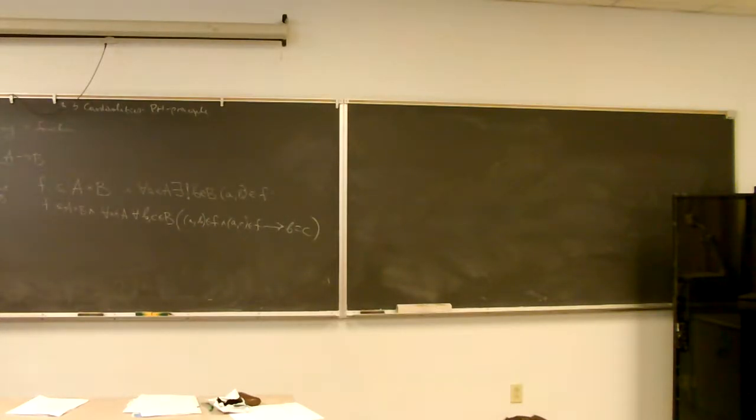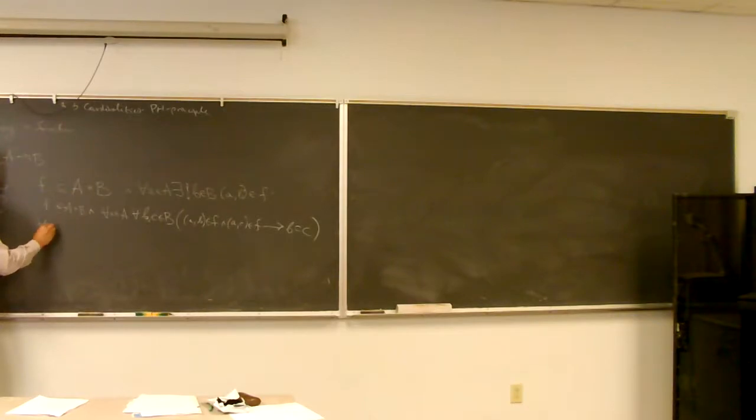But what else? When do we say that function is one-to-one? Yes, so every input has its own output, so there's no output sharing. So f is 1 to 1 means what?